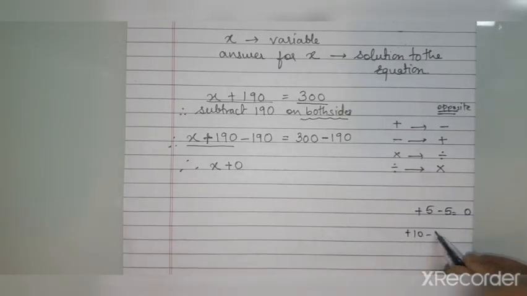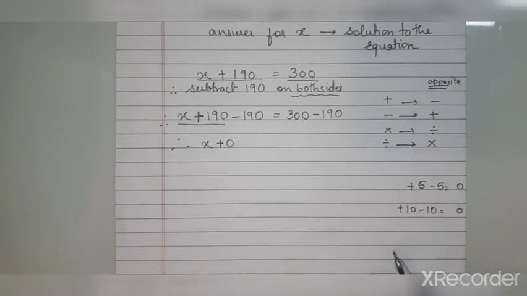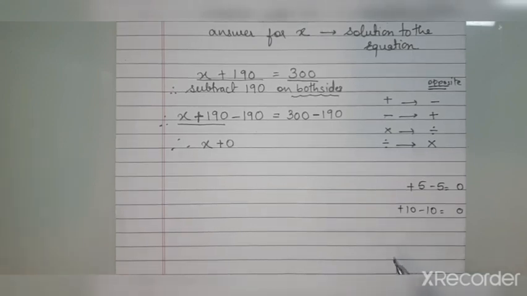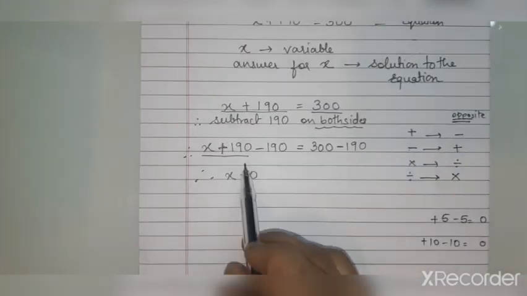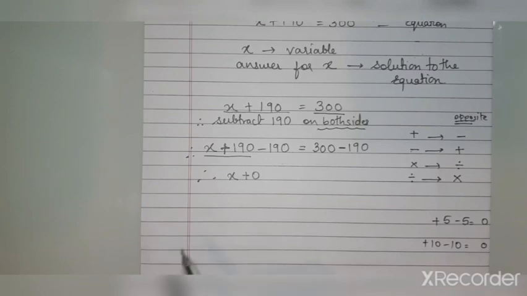Plus 10 minus 10 is 0. So the same numbers with different signs, you will get 0. It can be any big number or any small number; with two different signs, you will get the answer as 0. Same thing here, plus 190 minus 190, answer is 0.